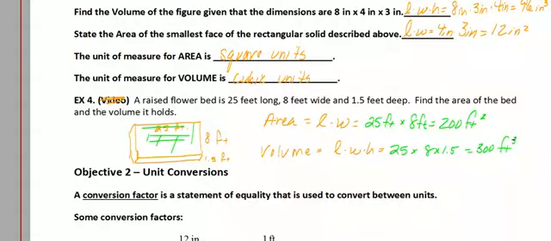Unfortunately, or fortunately, whatever way you want to look at it, when you buy those types of items, it doesn't come in cubic feet. It comes in cubic yards. So we'll talk about how we'll do some converting of units in terms of something that we can actually compare and go out and purchase.